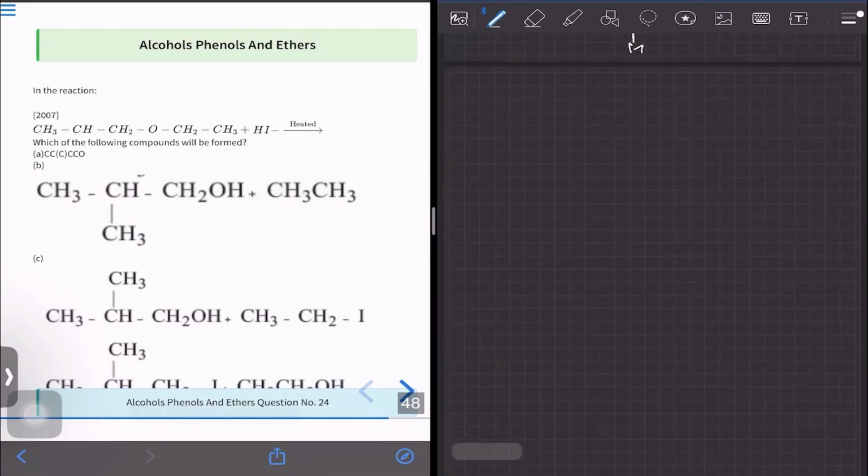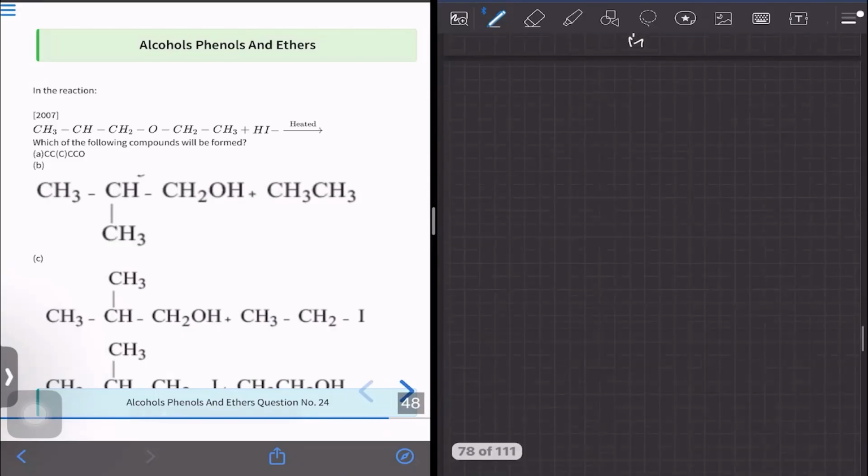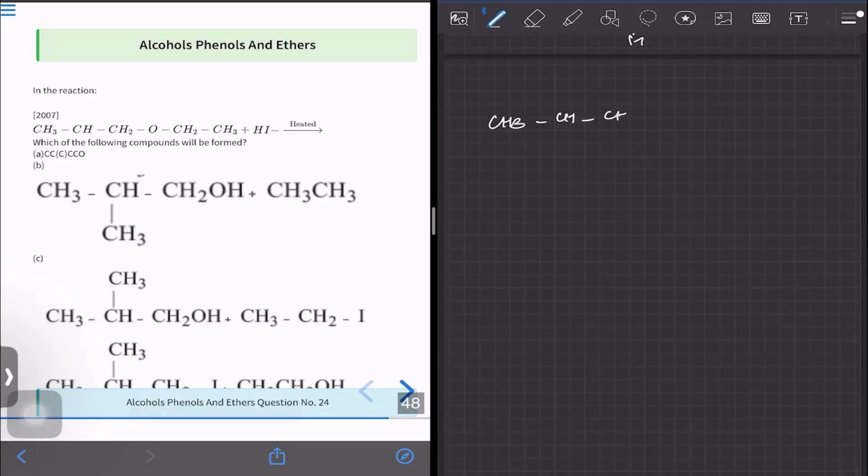Next one. They're asking when CH3, CH2, CH2, CH3, CH2, CH, CH2O, CH2, CH3 reacts with HI. They're asking when ether reacts with alkyl halides, what does it form?